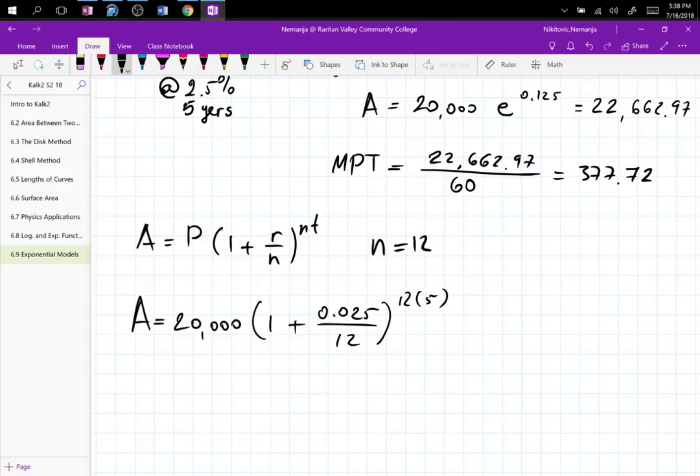So now we have 20K times 1 plus 0.025 divided by 12, and everything raised to 60. As you can see, the number we are getting now is very close, $22,660. So clearly the other one is what, $3 more? The other one is $3 more, but that one is also the upper limit. So it's good enough to use the continuous compounding to make these decisions.